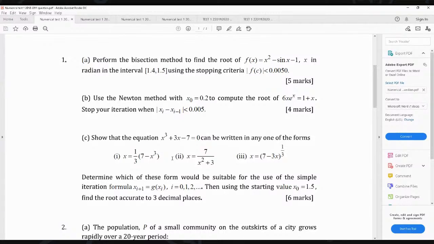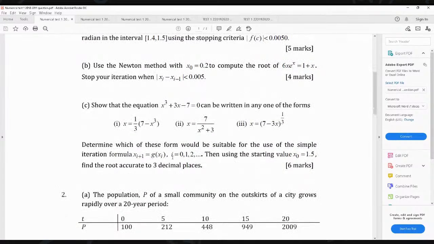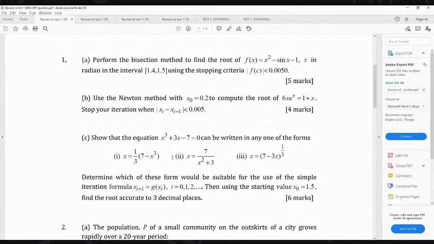It's the fixed point iterative method. So there are the first questions here.